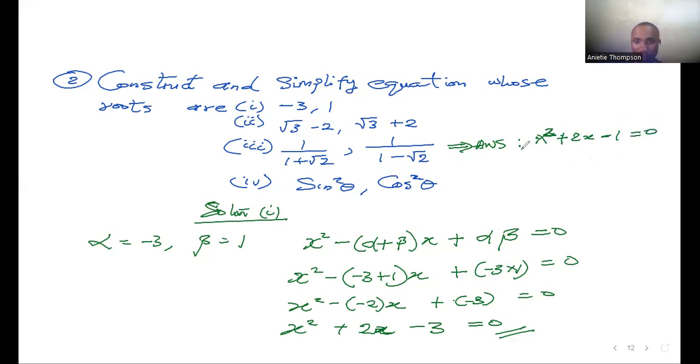So I'm telling you that is what we'll have from this other one here. If you do it properly, you have x squared plus 2x minus 1 equals 0. That is the equation that this will form if you do it very well.